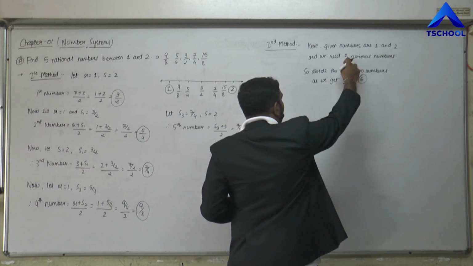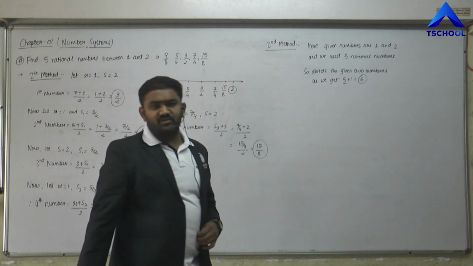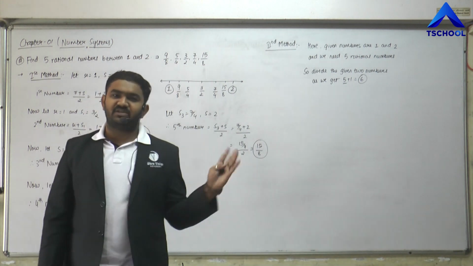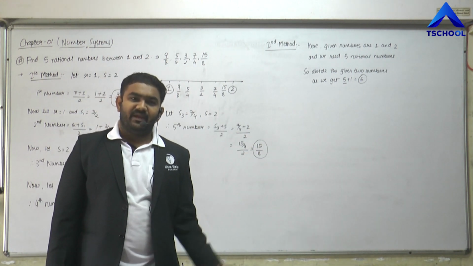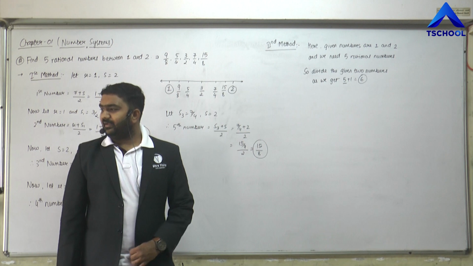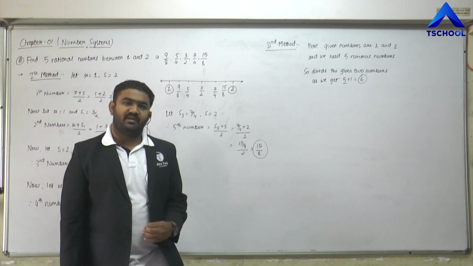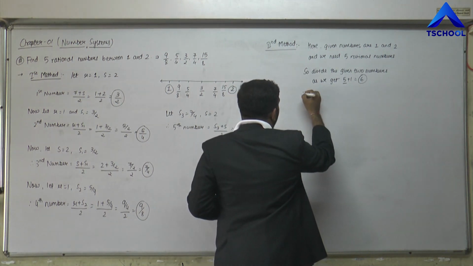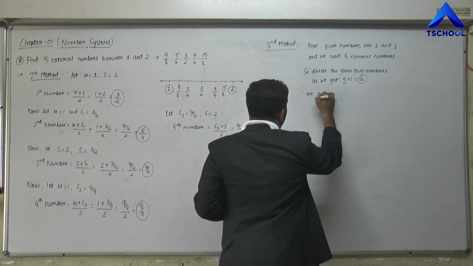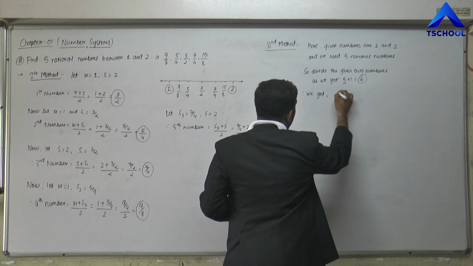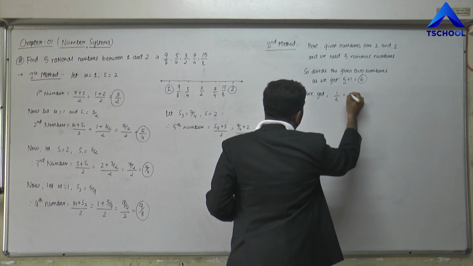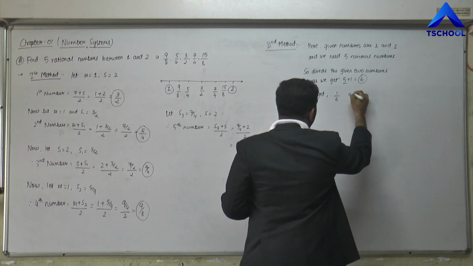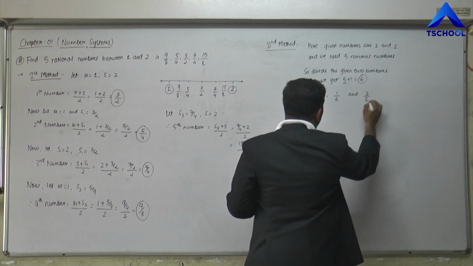If I was asked to find 7 rational numbers, then I would have taken 7 plus 1, that is 8. So I shall divide the given two numbers by 8 so that it gives me 7 rational numbers. So now I shall divide it. Therefore we get 1/6 and 2/6.